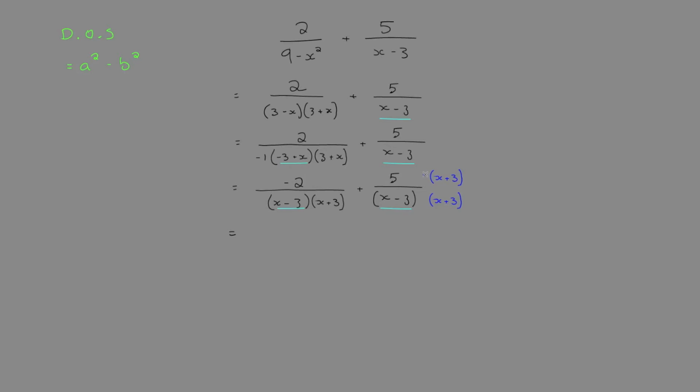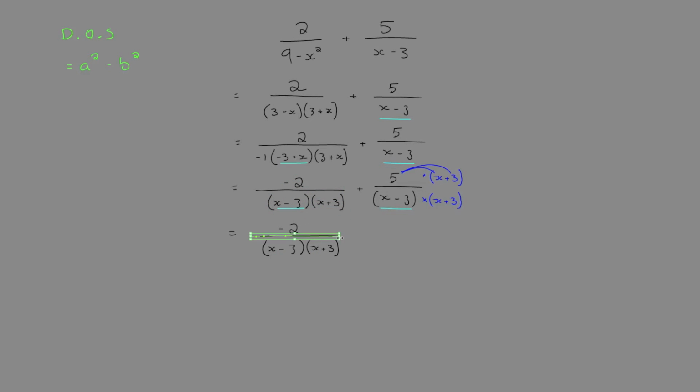So we're just multiplying the top times x plus 3 and multiplying the bottom times x plus 3. And you can see that our denominator would now be the same. And on the top, we'd have 5 times x plus 5 times 3. So let's write that and simplify a bit further.